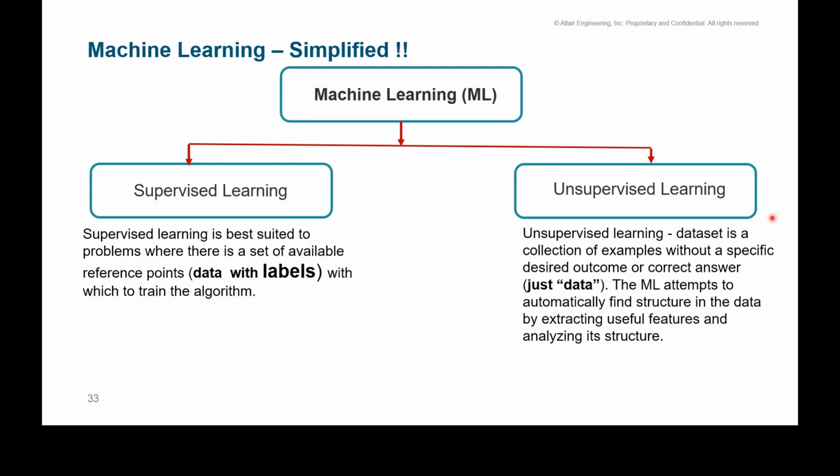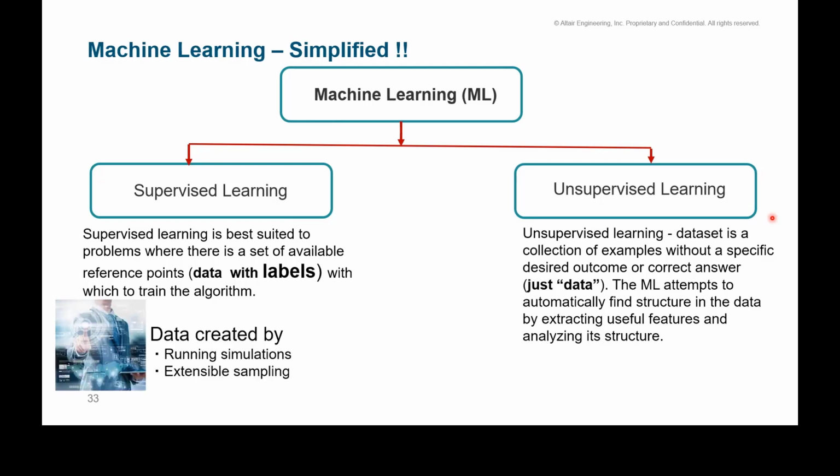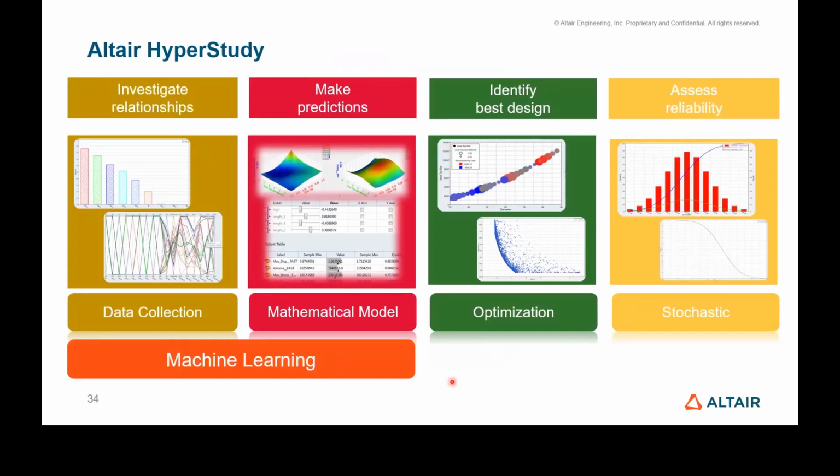Fortunately for us, doing simulations, we can control the data, so we'll be dealing with what's called supervised learning. This can be data created by running simulations or by doing measurements and so on. And then once the data is there, you can use the regression model to create the mathematical expression, which is the machine learning model. To do this, we have a product called HyperStudy in our Altair portfolio.